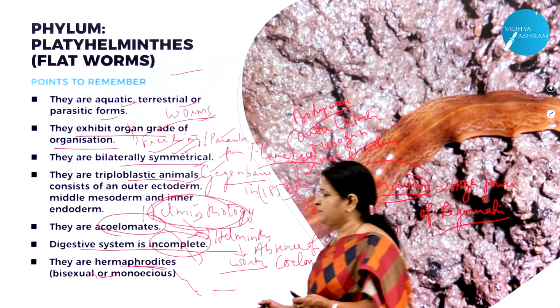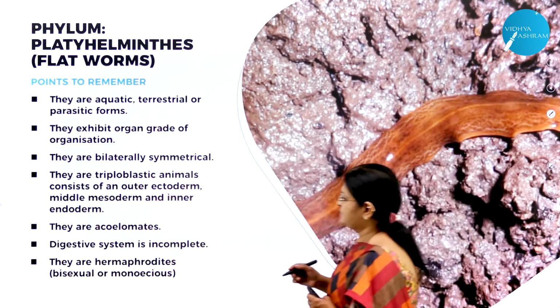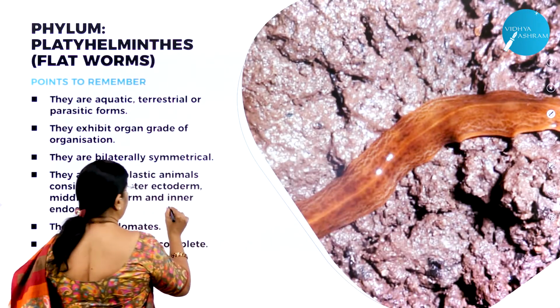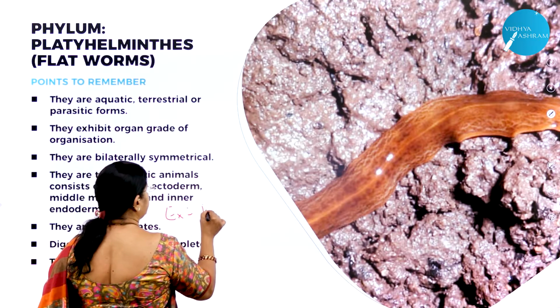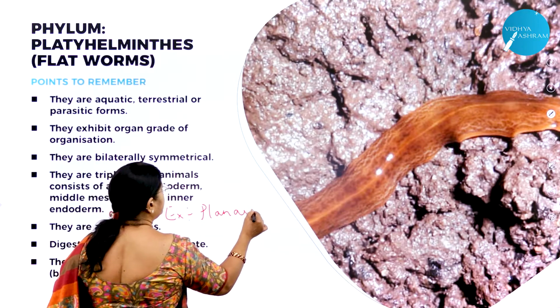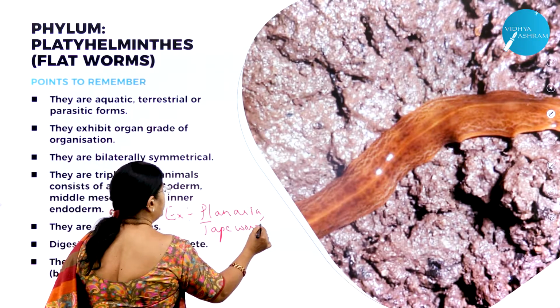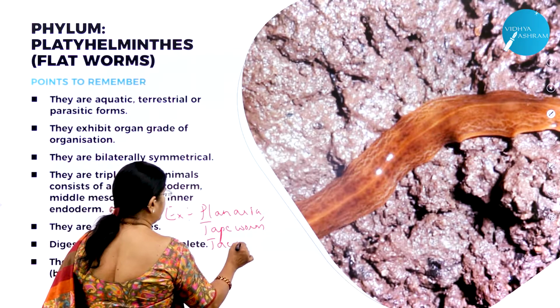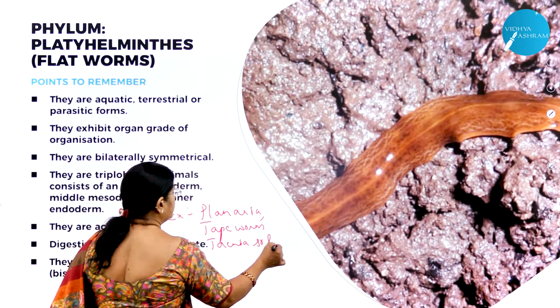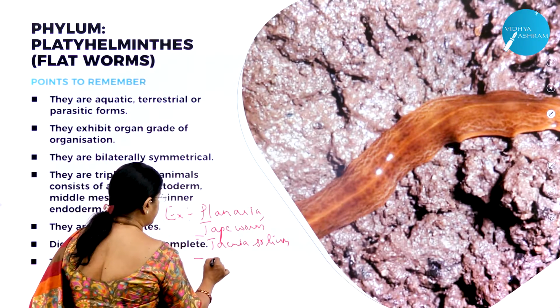So what are the examples you are going to give? For Platyhelminthes, flatworms, I told, that is Planaria, tapeworm, that is Taenia solium, Taenia saginata.